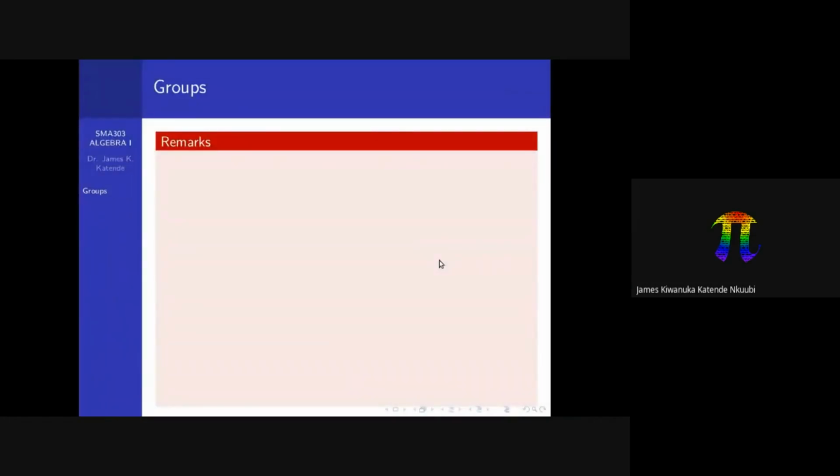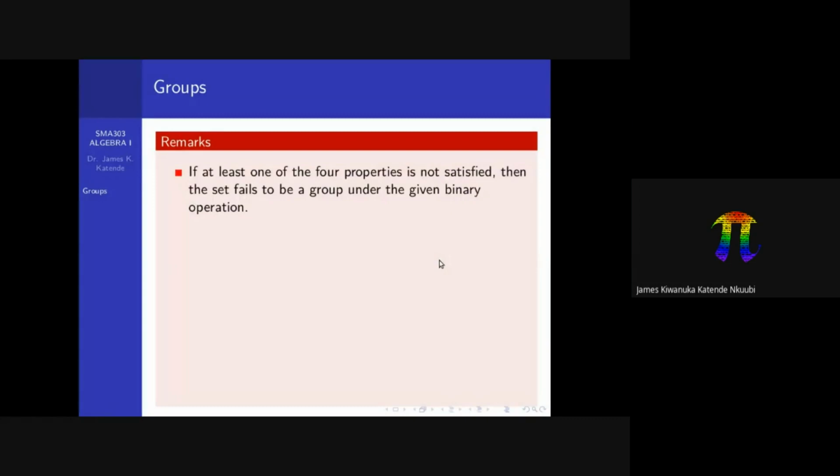So here are some remarks. Anytime you want to check if a set along with a binary operation is a group, it is necessary that all the 4 properties are satisfied. So if any one of them is not satisfied, then the set fails to be a group under the given binary operation.